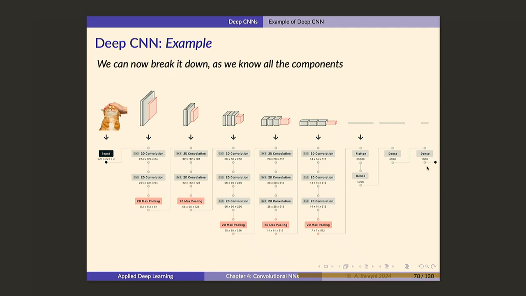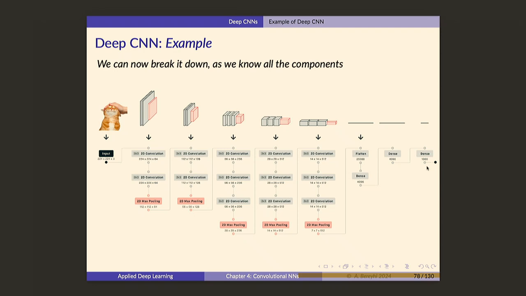So the output layer first decreases the number of elements from more than 4,000, so 4,096, to 1,000, then you pass it to the softmax. You get this one, pass it through 1 linear layer which has 1,000 outputs, and then pass it to softmax.